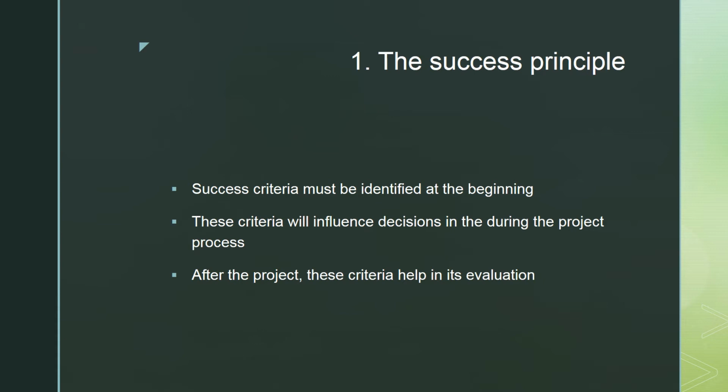Which goals did we not meet? Now, for you to be able to do that at the end of the project, you must have had success criteria at the beginning, which you will have tried to work to at every stage. In every activity, you're working towards those success criteria. And this is why we have the success principle. It's principle number one. It's very important when you are undertaking a project to have success criteria.